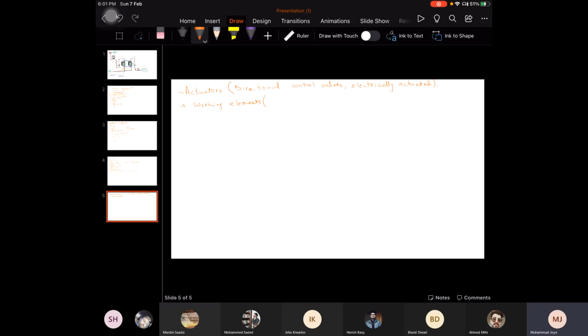These working elements can be cylinders or pneumatic motors. Okay, and it can be optical displays as well. These are basically the power components.